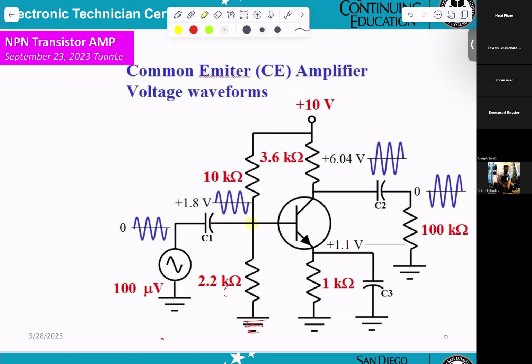the base, collector, emitter. Now, first thing, at the base, you get the DC 1.8 volt. How come you get 1.8 volt?